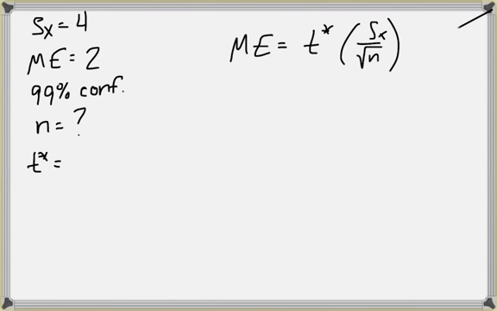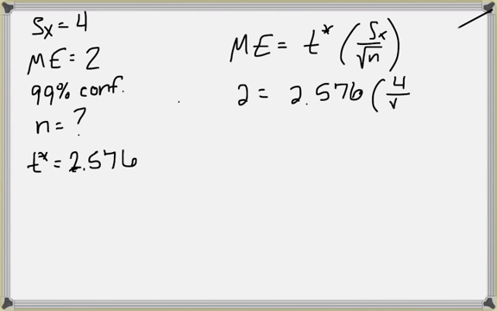I'm going to do 2.576. Okay, 2.576. So now if we fill in what we know, 2 equals 2.576 times 4 over the square root of n.